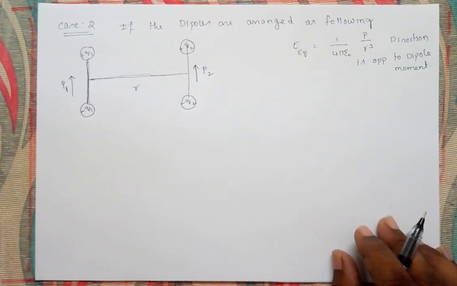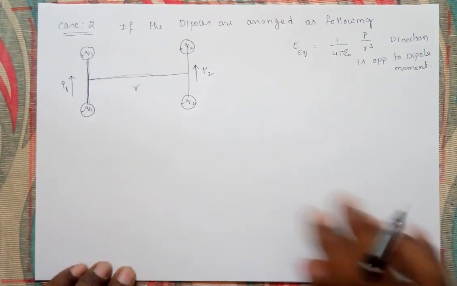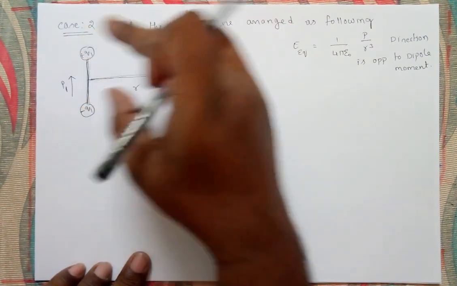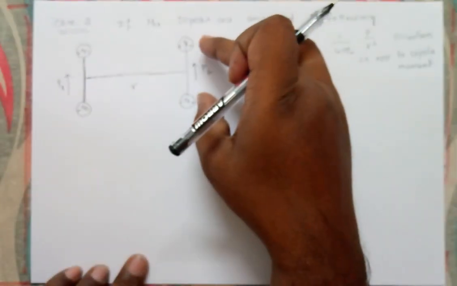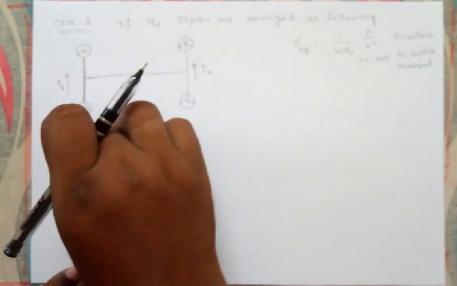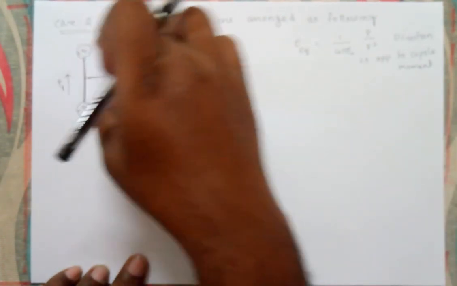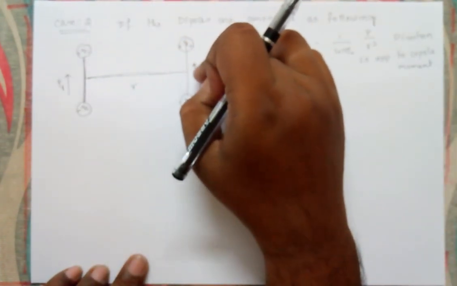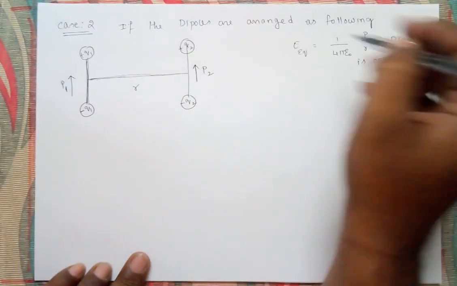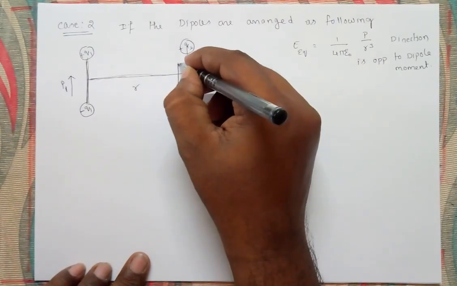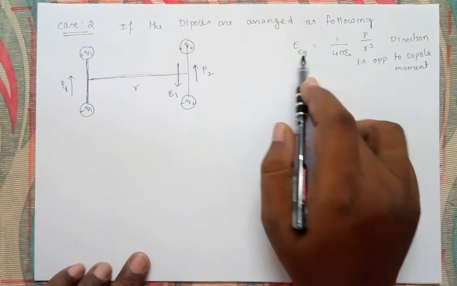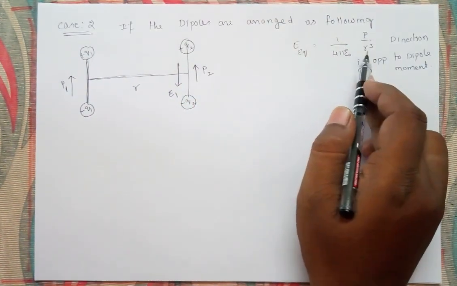Now let us find the electric field intensity due to the first dipole at the second dipole. If they were arranged like this, it would be an axial field, but since they are arranged like this, an equatorial field will be produced. That equatorial electric field is opposite to the dipole moment. So in this direction, opposite to the dipole moment, electric field E1 will be there. The formula for E1 is 1 upon 4 pi epsilon naught, P1 by R cube.